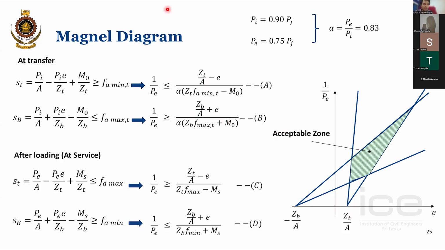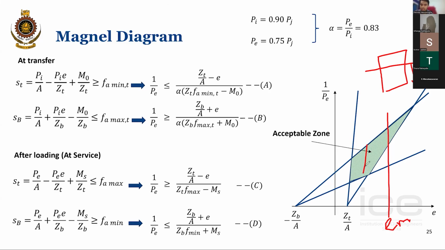And in certain cases, there will be an additional constraint because of the maximum eccentricity that you can have. Let's say you have a beam like this and the centroidal axis is like that. The maximum eccentricity is only up to the edge of the beam. So there's a limit for this eccentricity value that we can have for the pre-stress. That will be this value, emax.